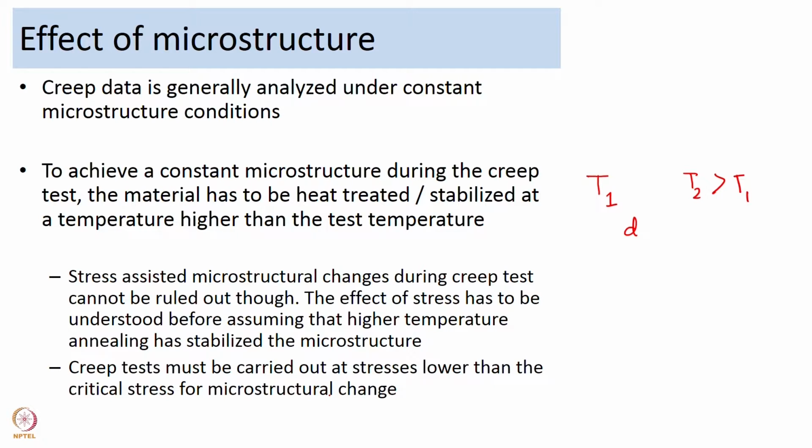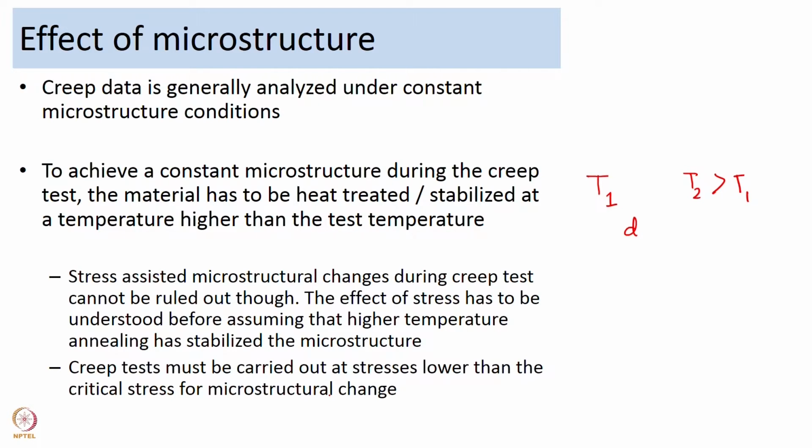For certain materials, stress can lead to microstructural change, for example nanocrystalline materials. It is an evolving area of research and development. In nanocrystalline materials the grains tend to be unstable, and even though you have stabilized the grains at a higher temperature, in the presence of a stress, stress assisted grain growth could sometimes happen, and hence one needs to be careful while assuming that the microstructure is stable.